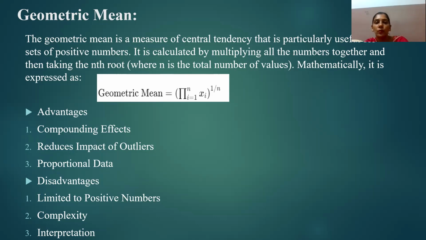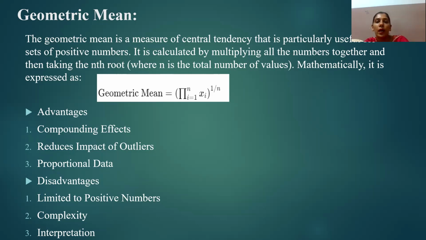In a geometric mean, or you can say geometric average, which shows the central tendency of a set of numbers by using the product of their values, for a set of n observations, the geometric mean is the nth root of their product. Basically, the geometric mean is a type of average that indicates the central tendency of a set of numbers by using the product of their values.